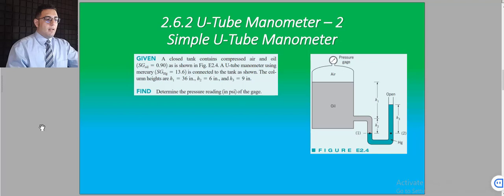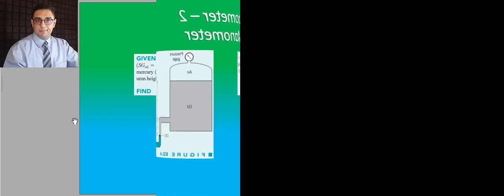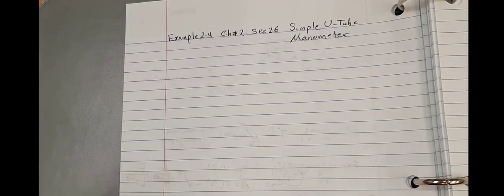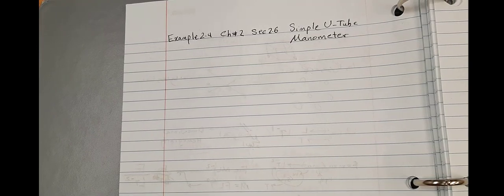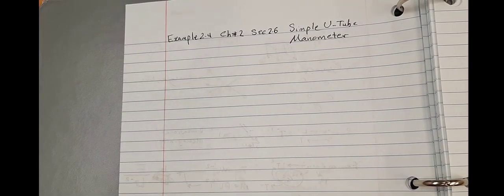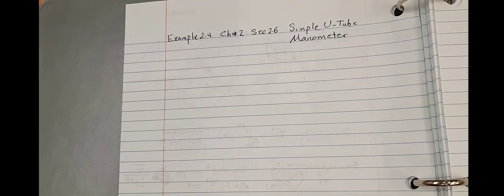Let's take a look at an example in order to understand the U-tube manometer better. Follow me with the example. Welcome guys to the solving problem of example 2.4 from chapter 2, section 2.6, simple U-tube manometer. Let me just read the question. A closed tank contains compressed air and oil.